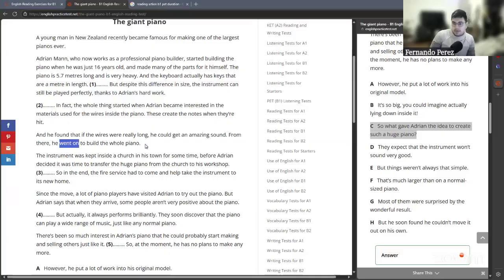"Went on," which is the past of "go on." Go on is equivalent to continue. Go on is similar to continue.